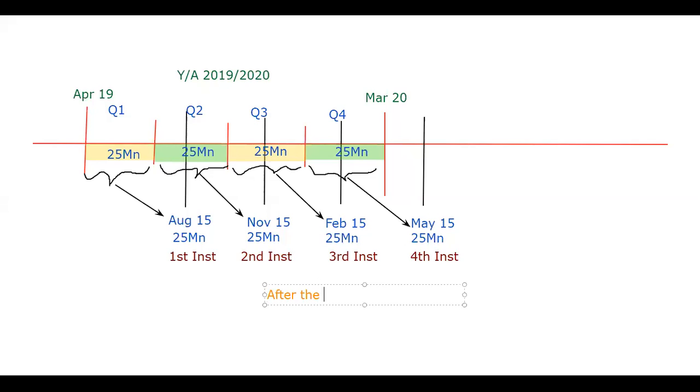After the audited accounts, the tax liabilities are now a little different. Now you realize that the tax liability is 120.